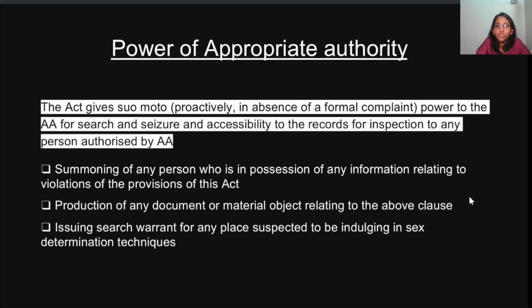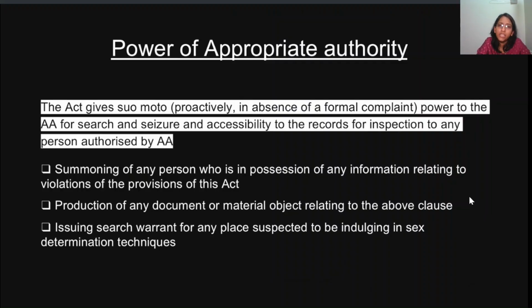Let's again focus on the power of the appropriate authority. The Act gives suo motu power, that is, you need not have a formal complaint. It has suo motu power to search, to seize, and to access records for inspection, to any person authorized by the appropriate authority.